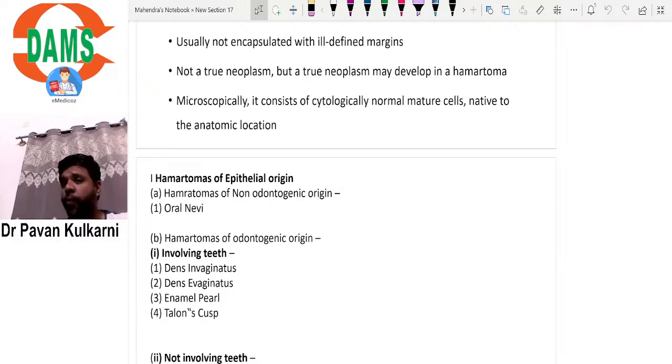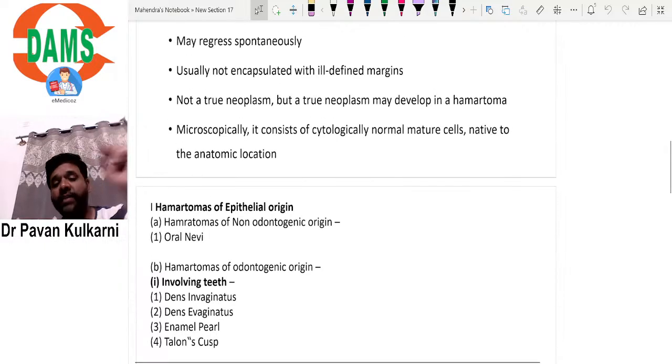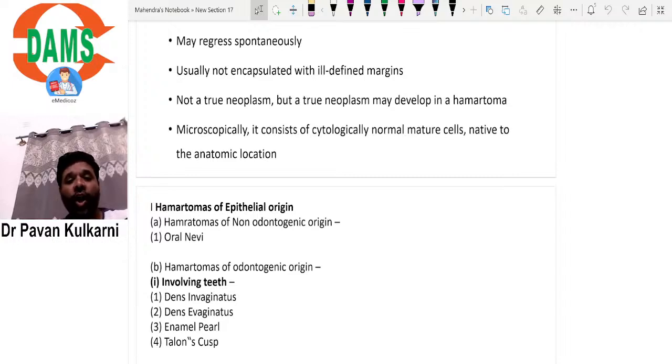Junctional nevi is the one that, even though it is a hamartoma, can get converted into melanoma. This is the point: not a true neoplasm, but a true neoplasm may develop in a hamartoma. So a junctional nevi can get converted into a melanoma.